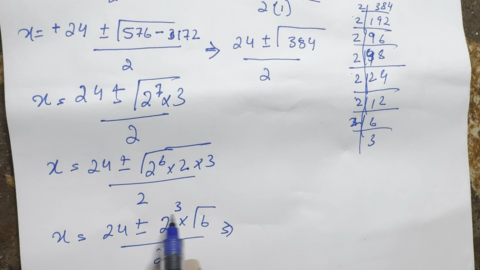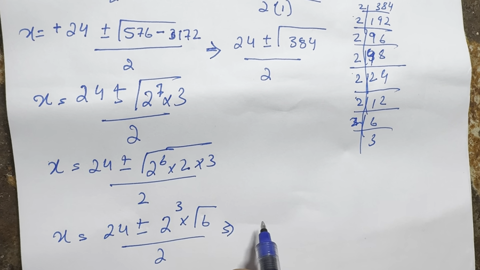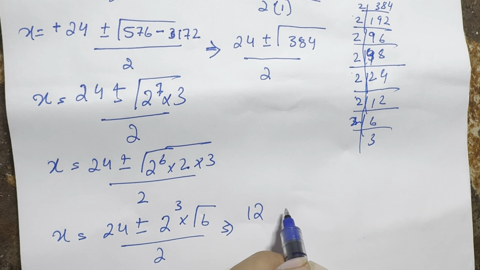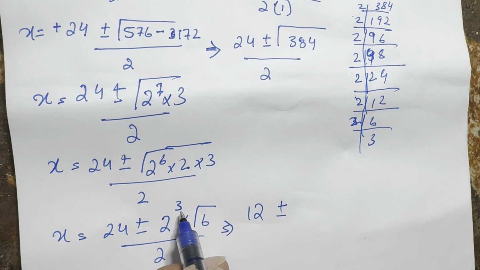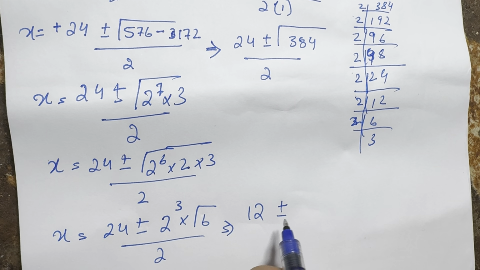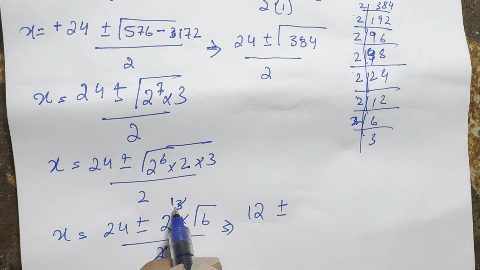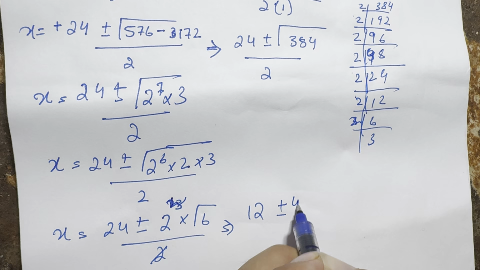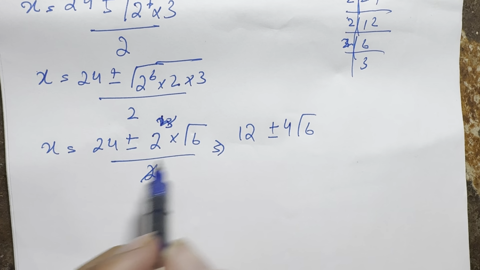So if I divide both by 2, here will remain 12 plus minus, and 2 power 3 is equal to 8. If I divide this with 2, only 4 is left, so 4 under root 6.